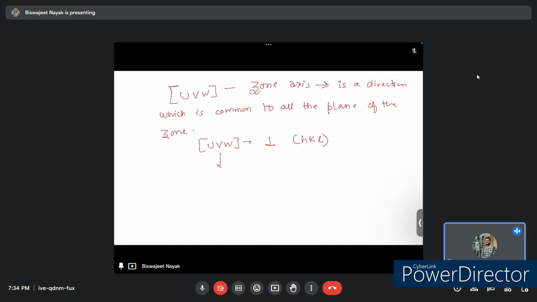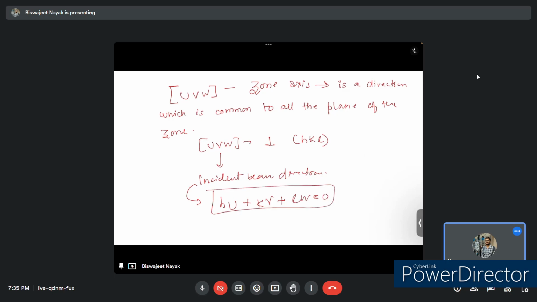So this will be denoted as the incident beam direction, and this will give us the Weiss zone law, which is given by HU plus KV plus LW equals 0.